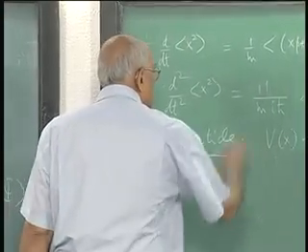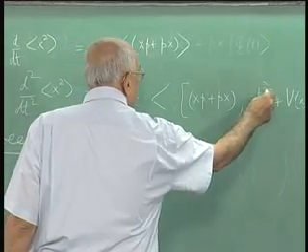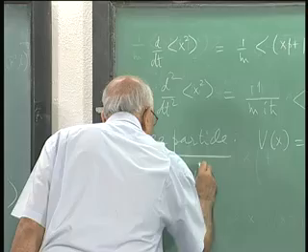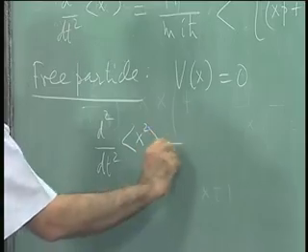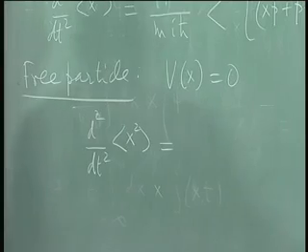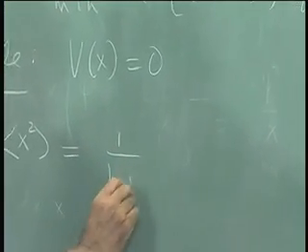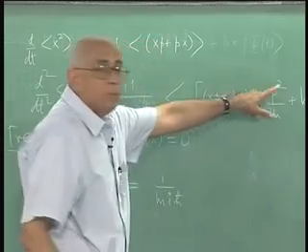So for a free particle, since V of x is 0, we can compute this quantity xp plus px with p squared over 2m, and so it says d2 over dt2 of x squared equals 1 over m i h cross, commutator of xp with p squared over 2m.